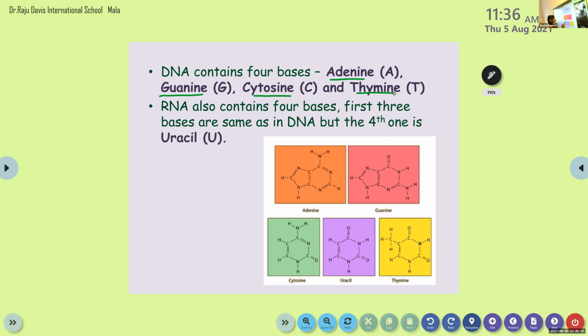And these are the structures of adenine, guanine, cytosine, thymine. Then in the case of RNA, it also contains 4 bases. The first 3 bases are the same as in DNA, but the 4th one is uracil instead of thymine.